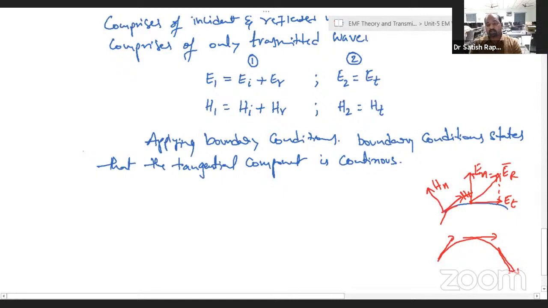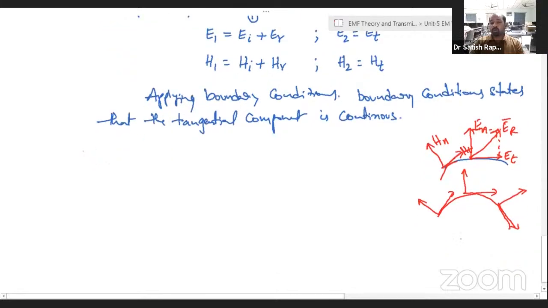So the tangential component depends on the boundary, at whatever point on the boundary we are considering. If this is the tangential component, automatically this is the normal component. This is how we can define tangential and normal components, right?